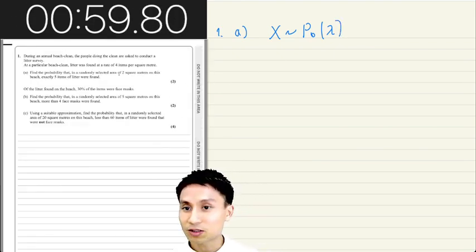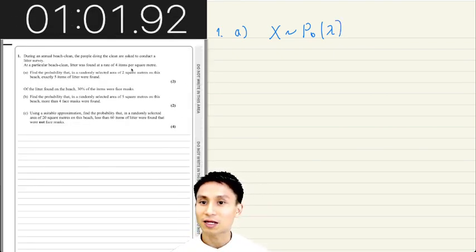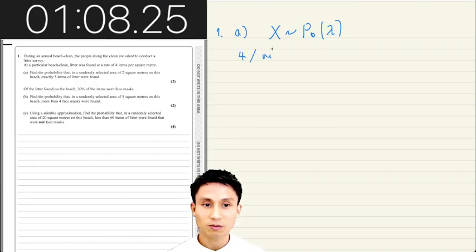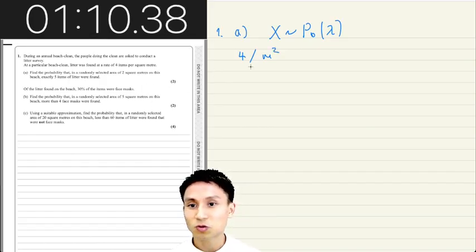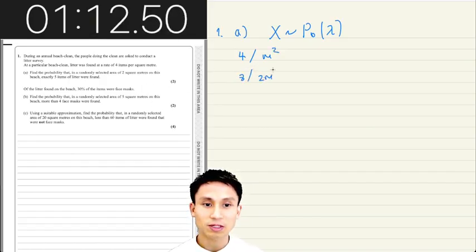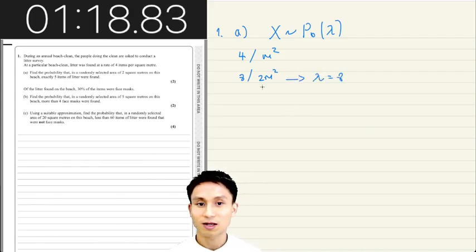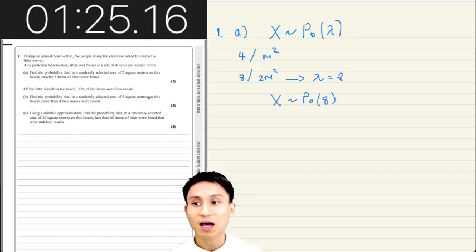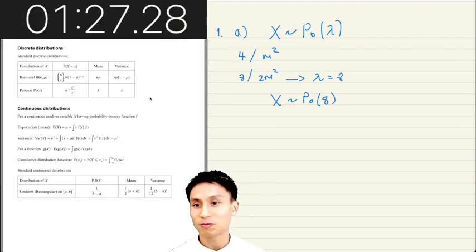But lambda needs to be changed first because it's given as 4 per square meter. That means per 2 square meters, it will be 8 per 2 square meters, right? I'm just writing there. So we are using lambda equals 8 instead. So that's going to be X modeled as Poisson, lambda being 8. And we want exactly 5 items, and then we find the probability of that.